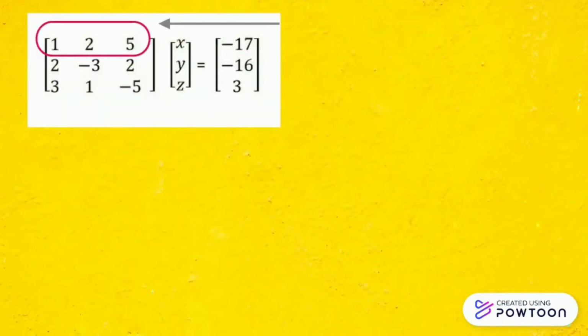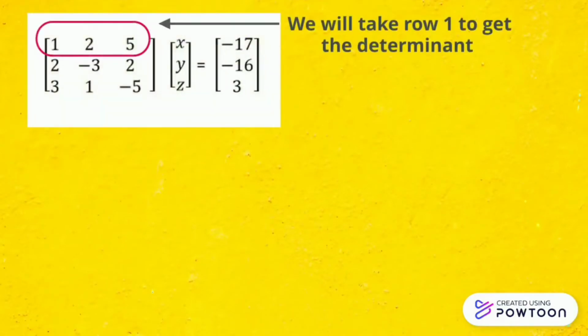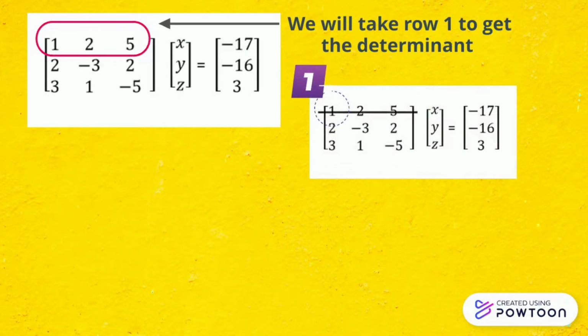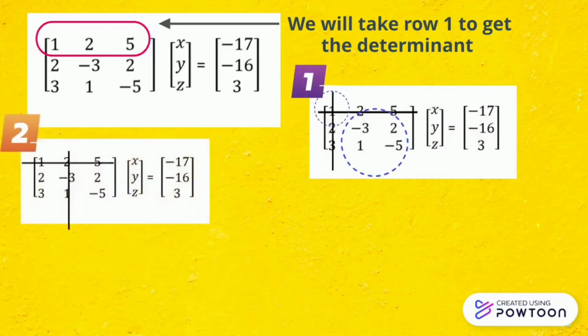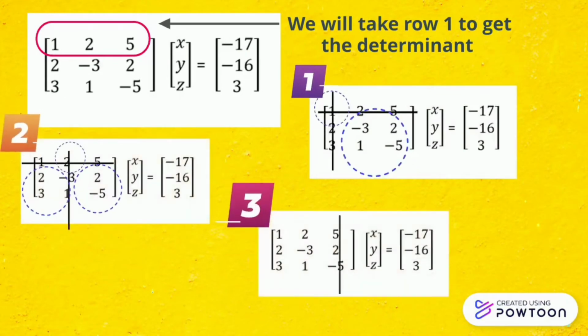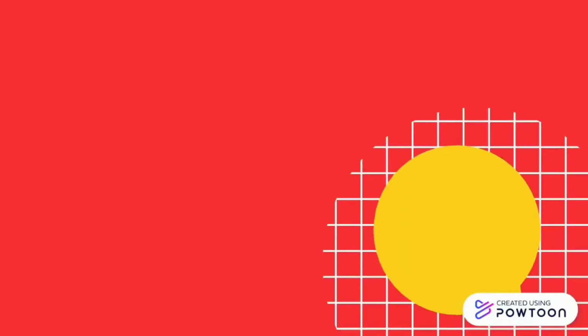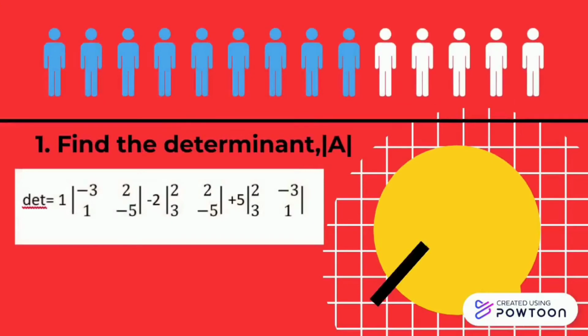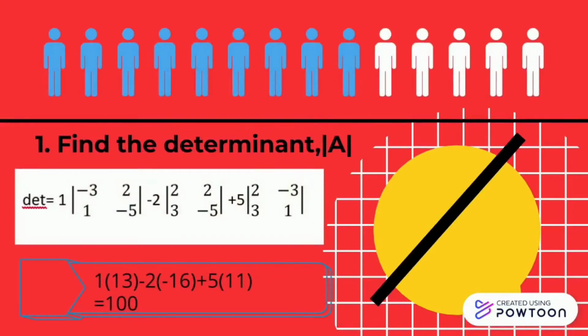So, we will take row 1 to get the determinant. Firstly, find the determinant of the matrix.